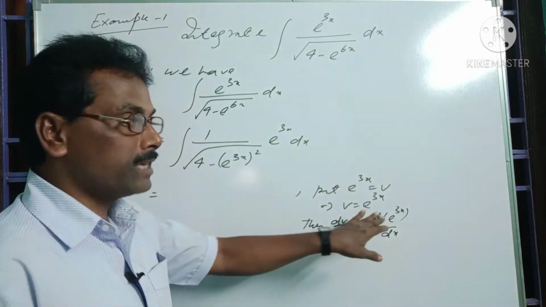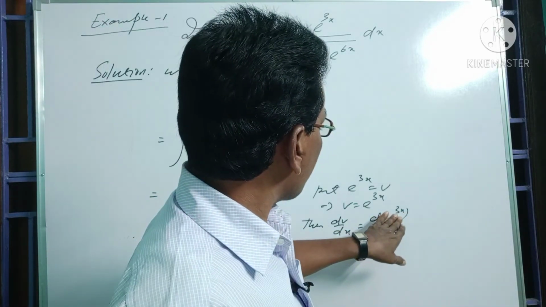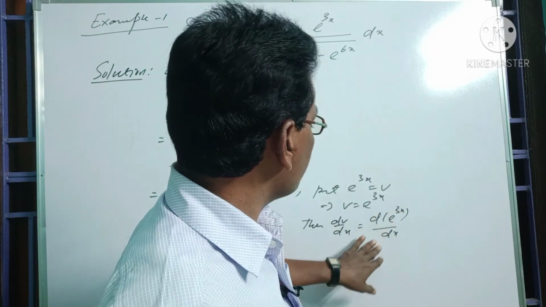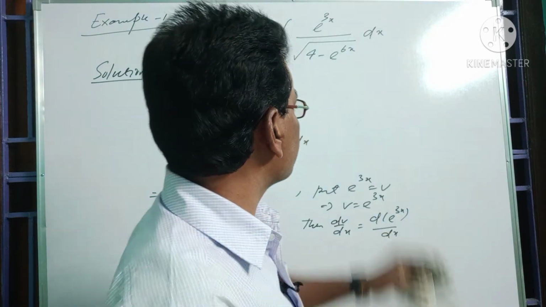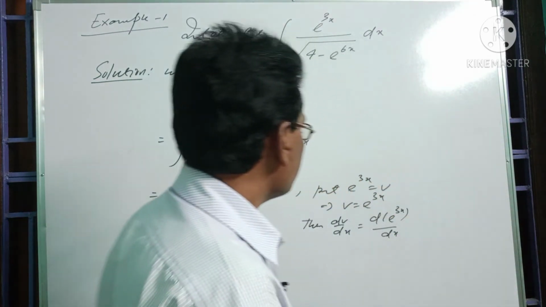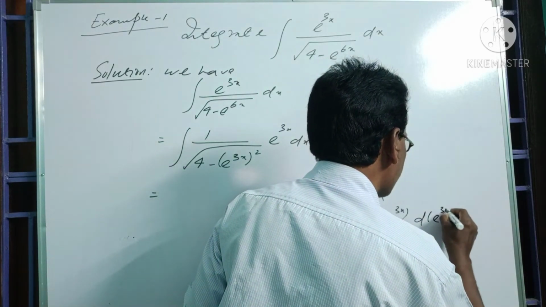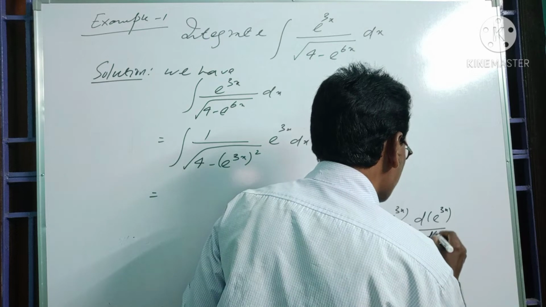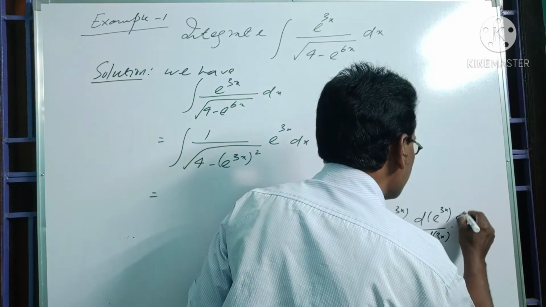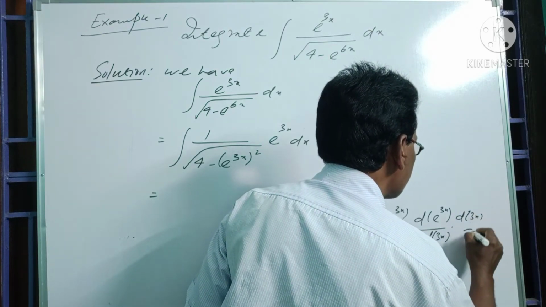The exponential function contains an algebraic function along with the exponential function, which is in composite form, so it can be differentiated using the chain rule. So we have the derivative of e to the power 3x with respect to 3x into the derivative of 3x with respect to x.